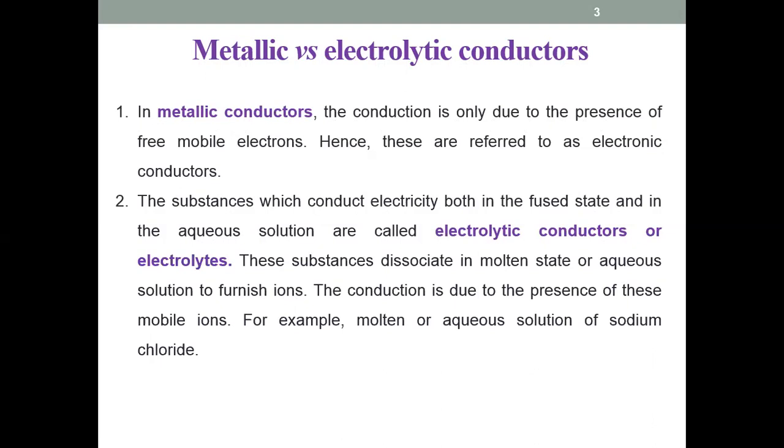We will talk about that on the next slide. So electricity is conducted due to the different kinds of ions produced by these substances, which are called electrolytes, and these are called electrolytic conductors. Examples are molten or aqueous solutions of sodium chloride, sodium hydroxide, etc.